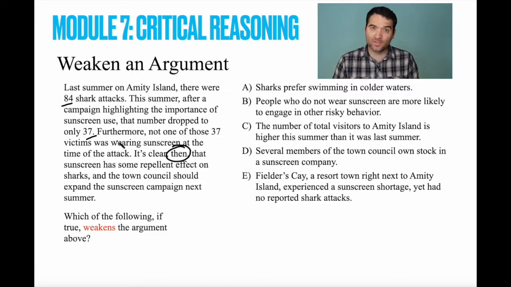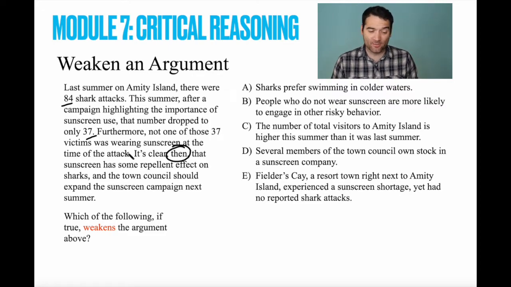The other potential weakness that I see here is the correlation causation issue. It's true that after the sunscreen campaign, the number of shark attacks went down. But does that mean that one caused the other? Not necessarily, right? We don't even know if people saw the sunscreen campaign or if it was effective. So just a good habit to get into to identify potential weaknesses.